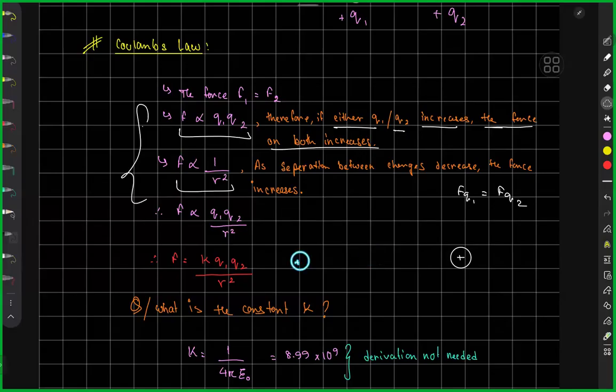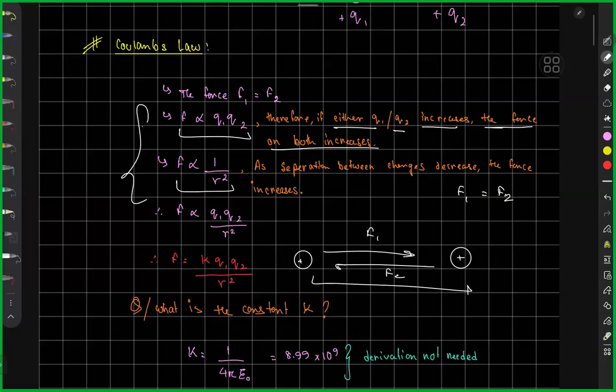is the distance relationship. As I increase the distance between the charges, it just so happens that the force also decreases. I increase the distance between the charges and my force decreases. And by what proportion? By inverse square proportion to the separation.